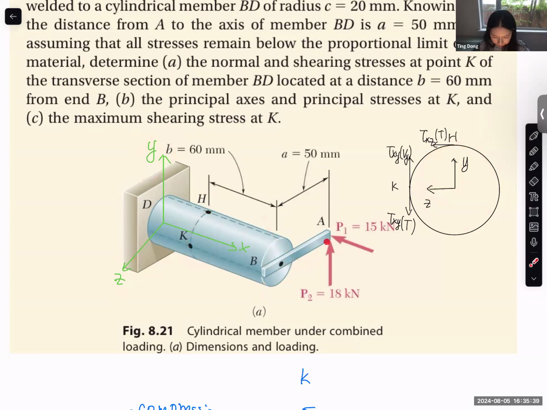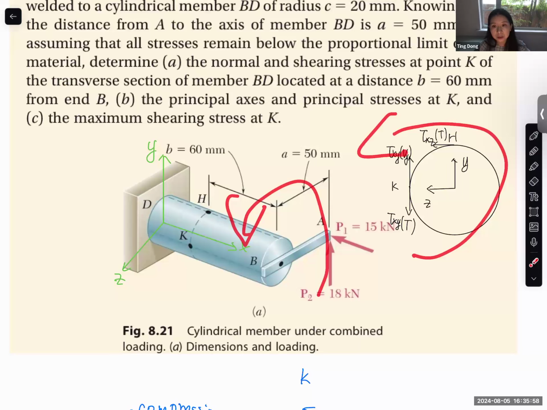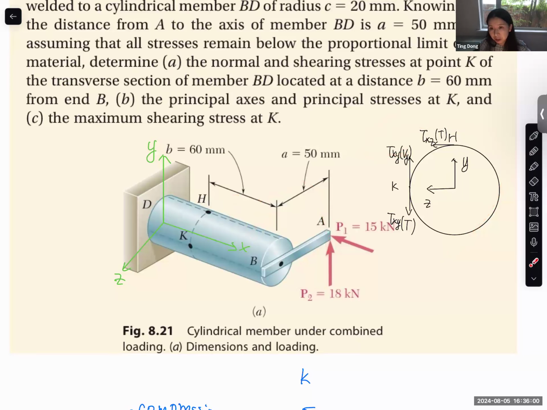The transverse shear force P2 will generate a transverse shear stress at K, but at H it's 0 because it's the top point. And for the torque, rotating in this direction, it also rotates this direction on the cross section. So the shear stress generated by torque at point H should be in this direction, and at point K in this direction.